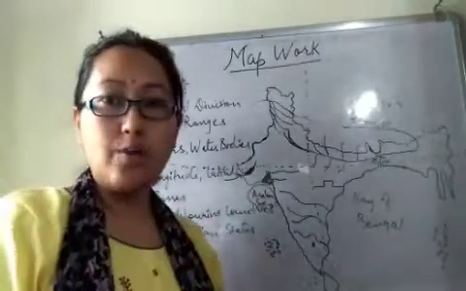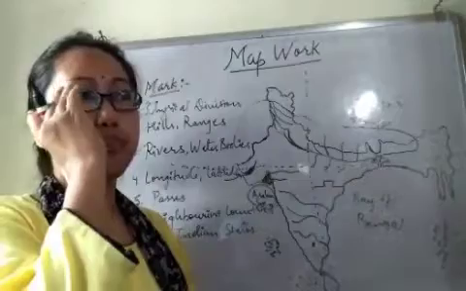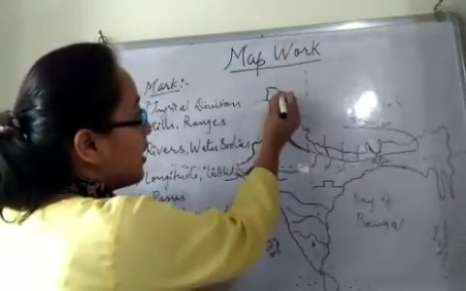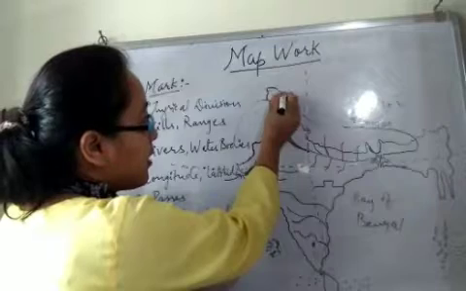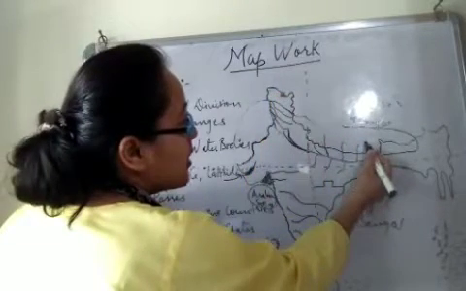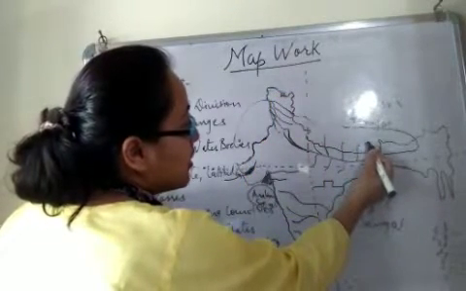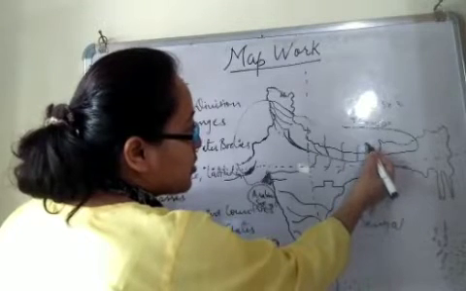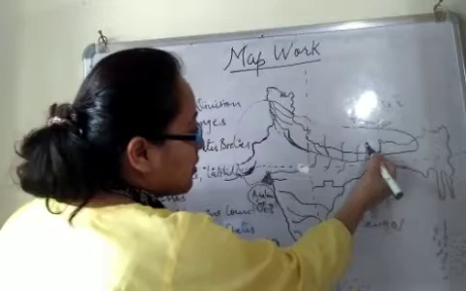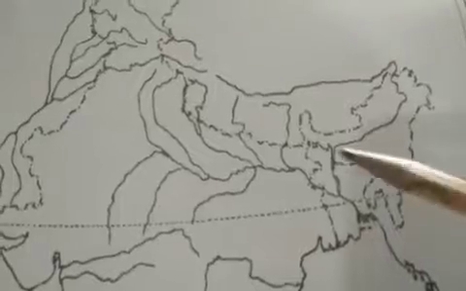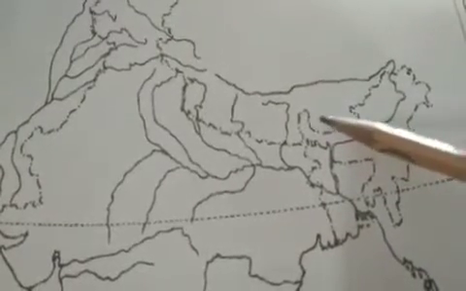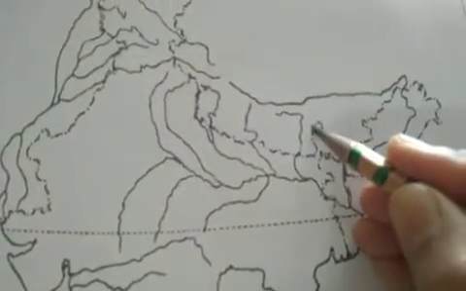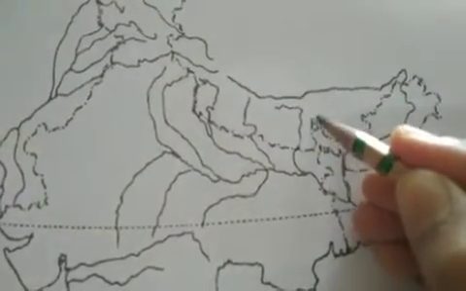Now after this, we are going to mark two important passes which are in your syllabus. That is Karakoram Pass and Nathula Pass. So Karakoram Pass is here and Nathula Pass is here, in Sikkim. Sikkim is between Bhutan and Nepal. So here we are going to mark Nathula Pass.